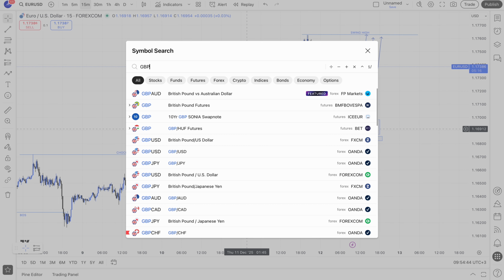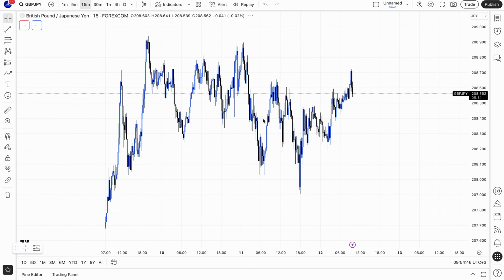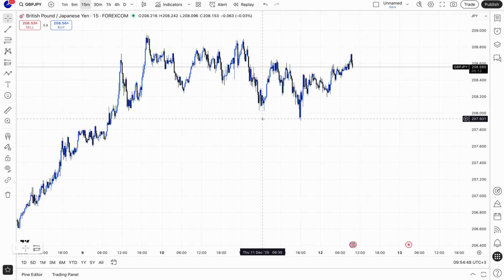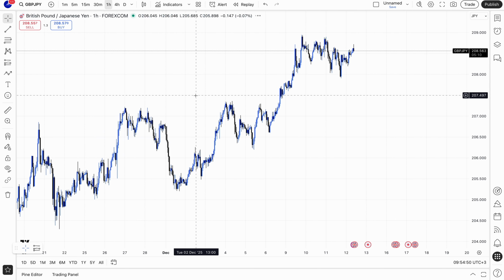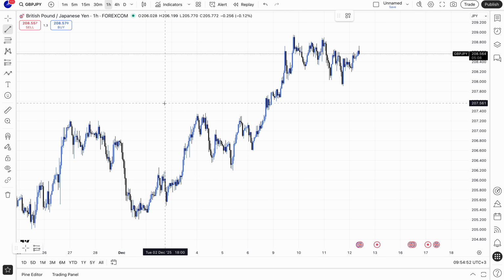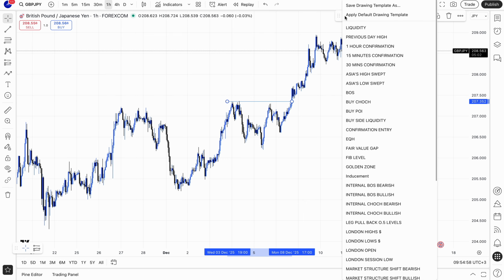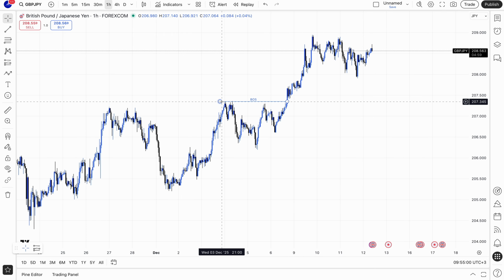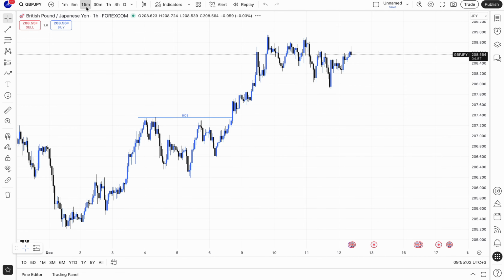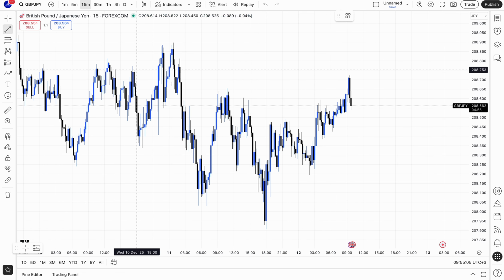Right, then for DJ, also simple price action. You can see we have our last break of structure to the upside, and then you have to move to internal structure.